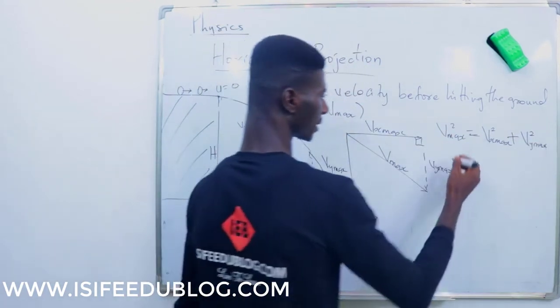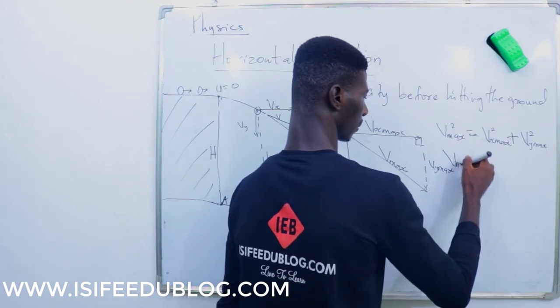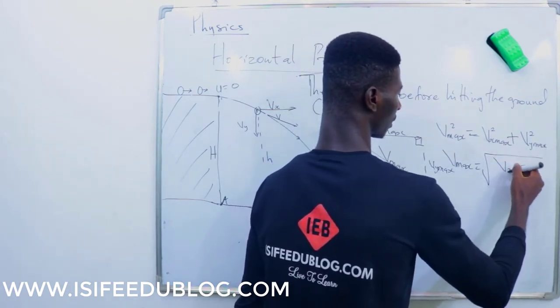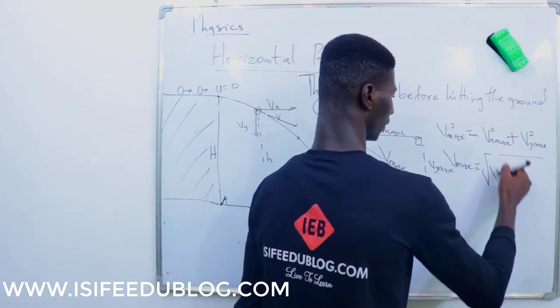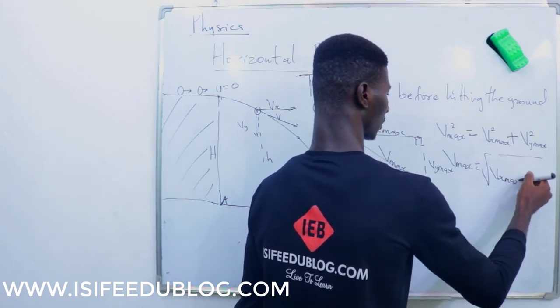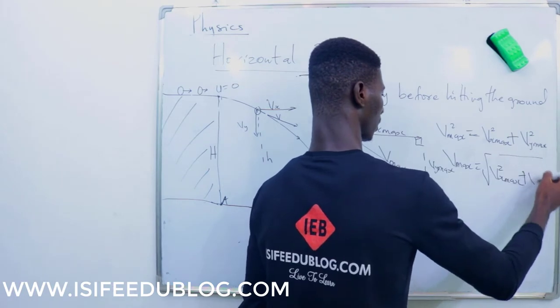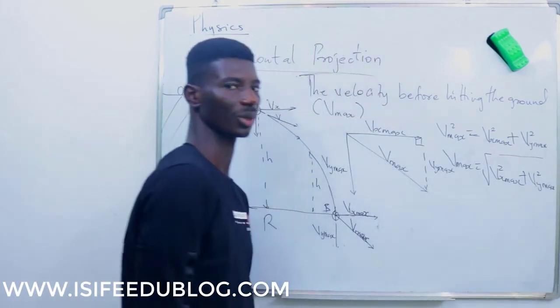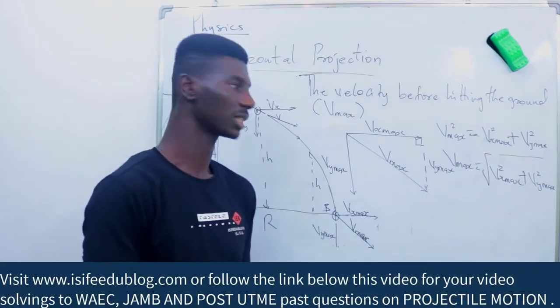So that means Vmax is the square root of Vx max squared plus Vy max squared. You get your velocity before hitting the ground.